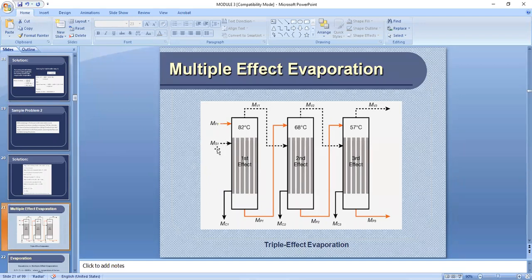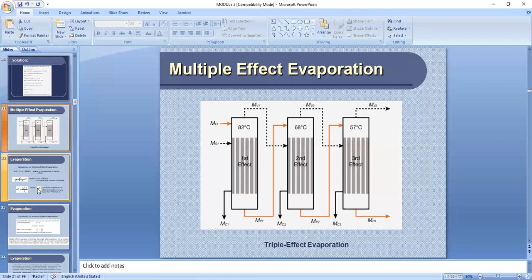You see this MS1, so that's your steam. This is your condensate 1, or that's the spent steam. This is your condensate 2, and this is your condensate 3. The last vapor from the last effect, of course, goes to the condenser where it is being condensed and recycled again in the system. Okay, so that's multiple effect evaporation system.